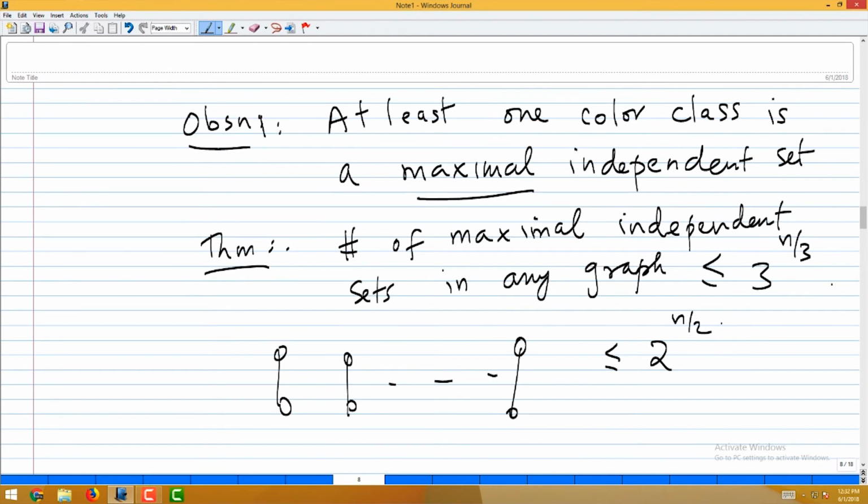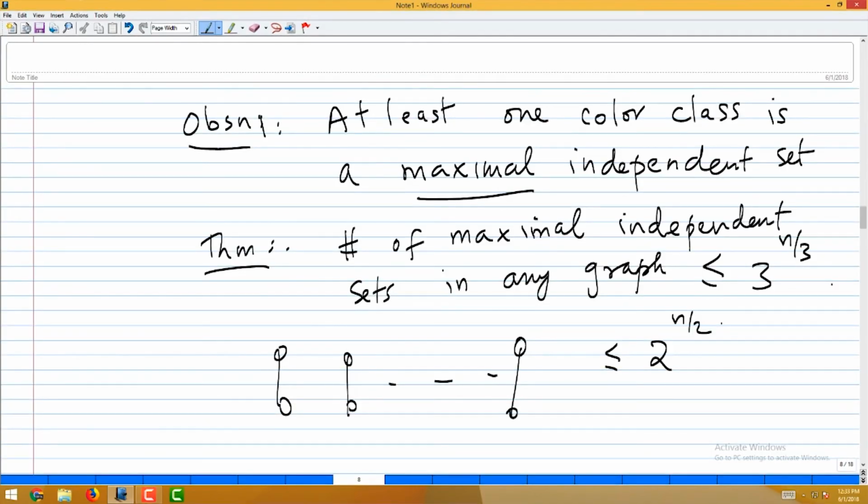What would be an example graph where the number of maximal independent sets is 3 to the power n by 3? This should give you a clue. If the whole graph is a collection of triangles, then the number of maximal independent sets is 3 to the power n by 3. You can have 4-cliques, and the number of maximal independent sets would be 4 to the power n by 4, but that number is smaller. See where i to the power n by i attains its maximum: it is when i equals 3.